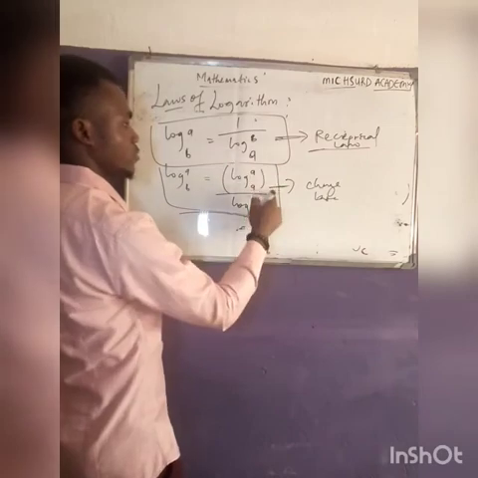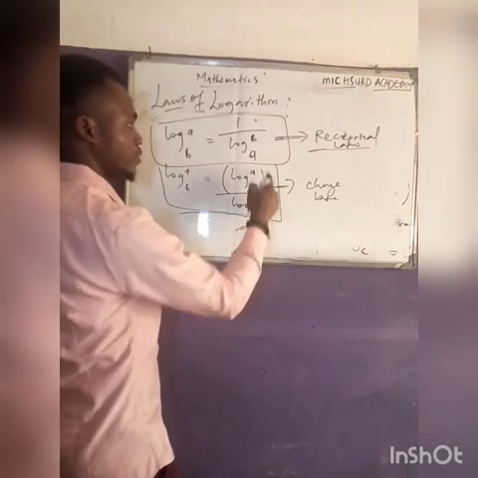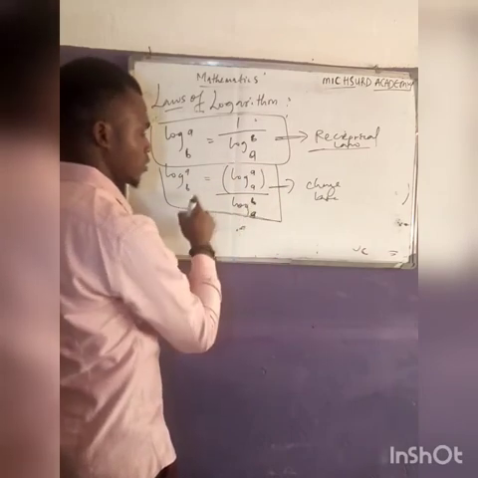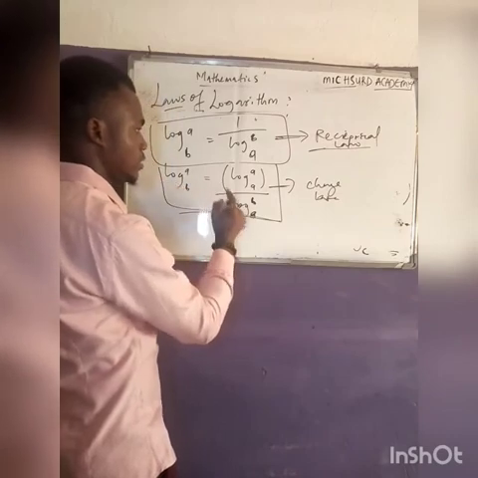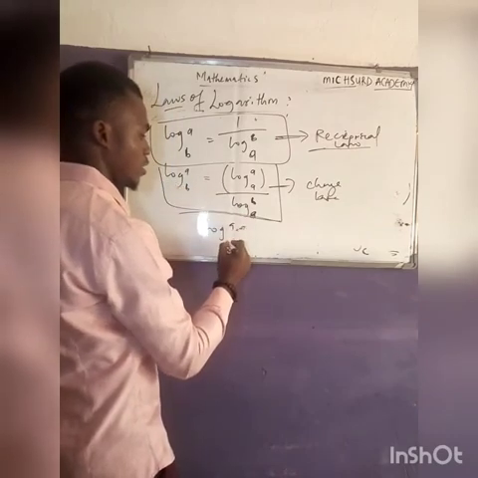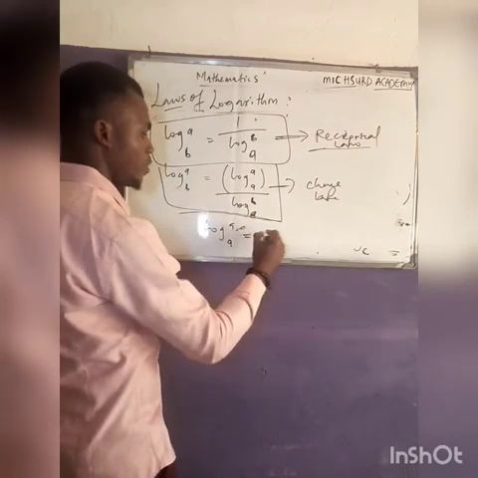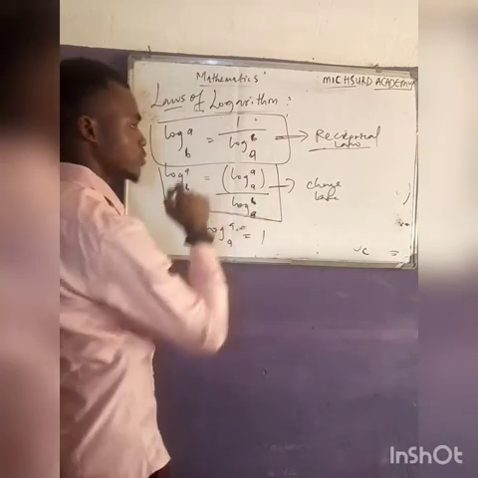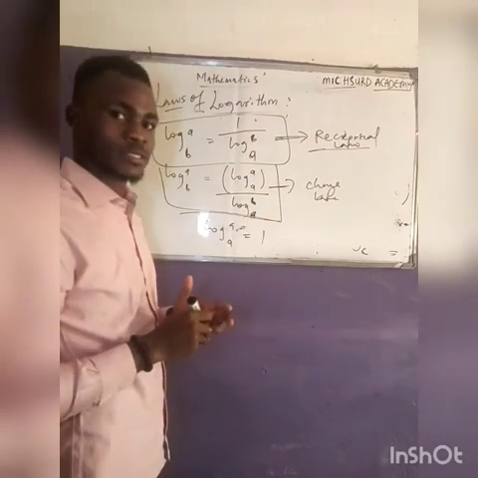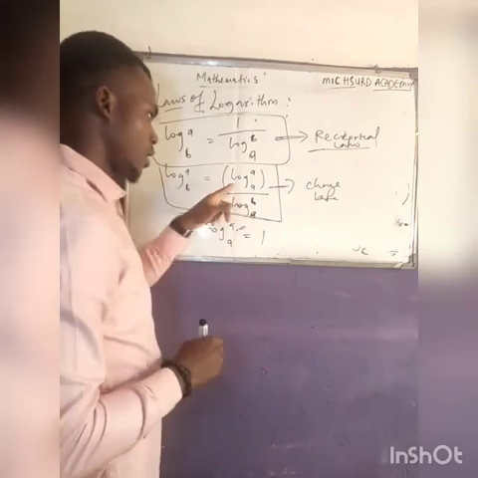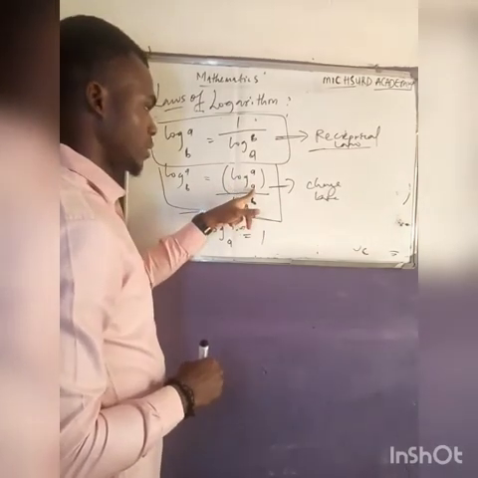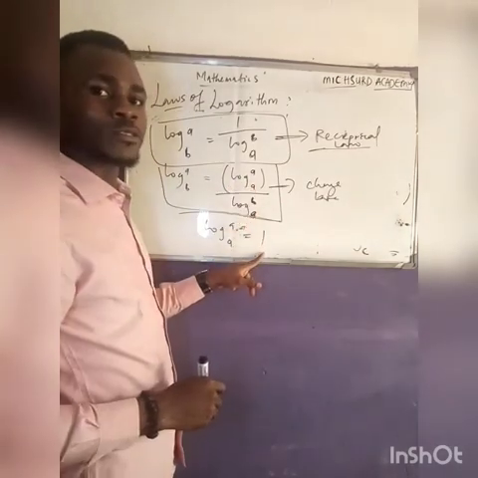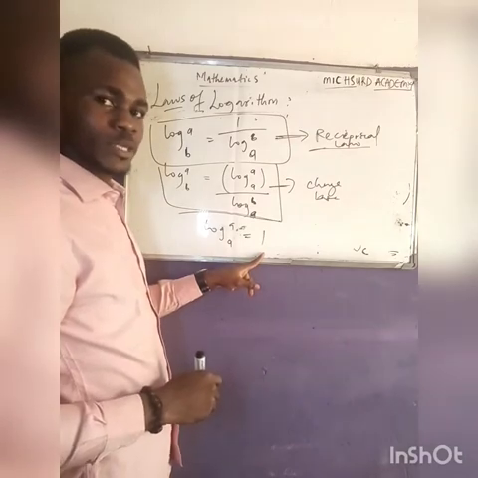So if that is the case, that means if we compare these two, you see if this is correct, that means that log A to base A will be equal to 1. Is it making sense? Log A to base A will be equal to what? 1. You understand that?